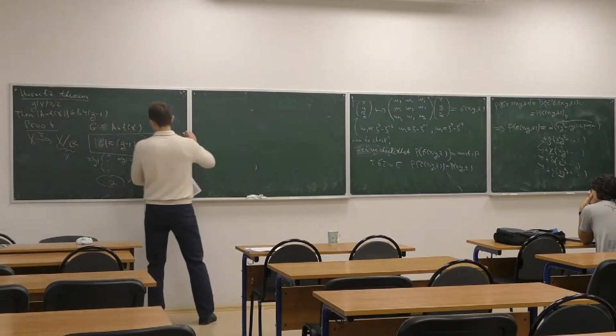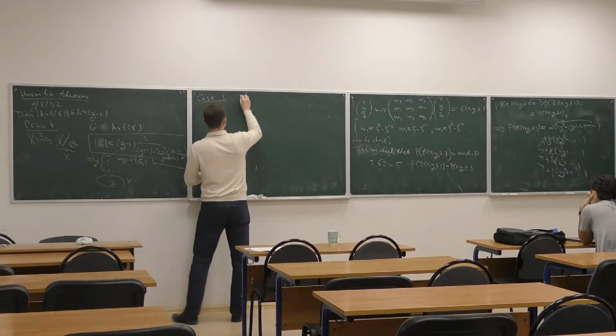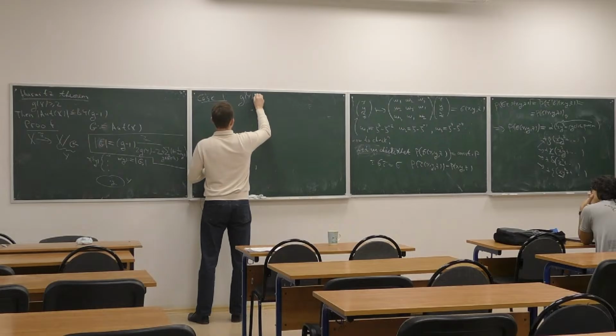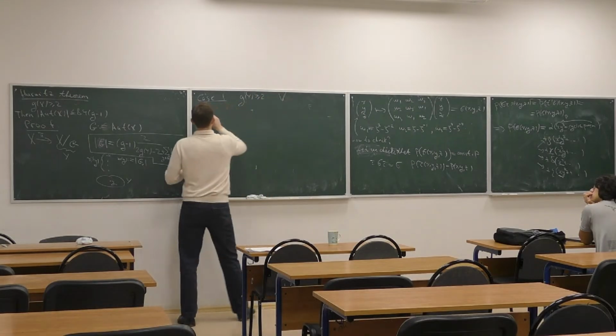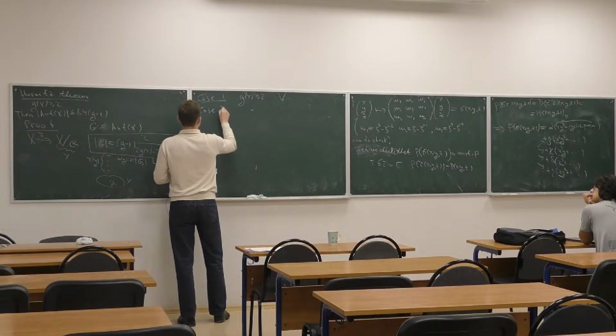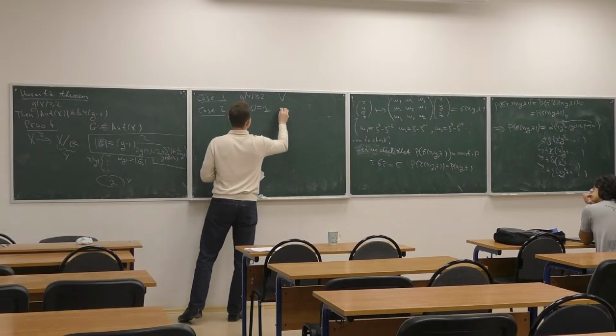Yes, and then we considered several cases. So we considered case 1, g of y equal to 2. So it was done. Then we considered case 2, g of y is equal to 1.